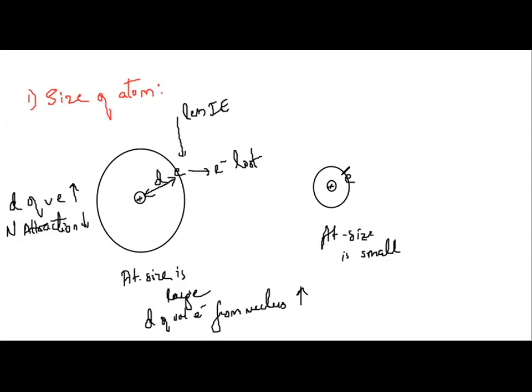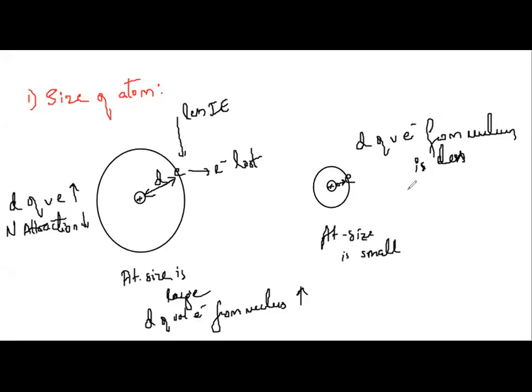But in case the atomic size is small, what is the distance of the valence electron from the nucleus? It is less. So when the distance is less, what happens?